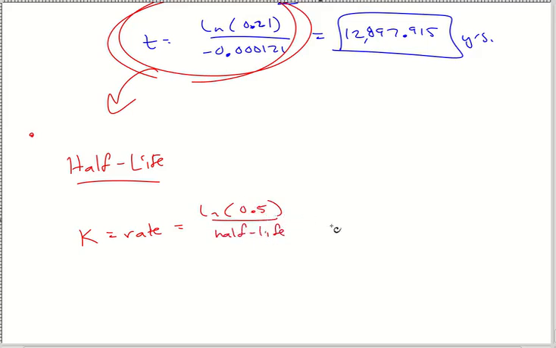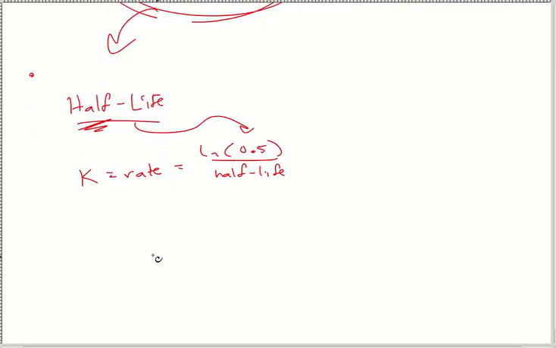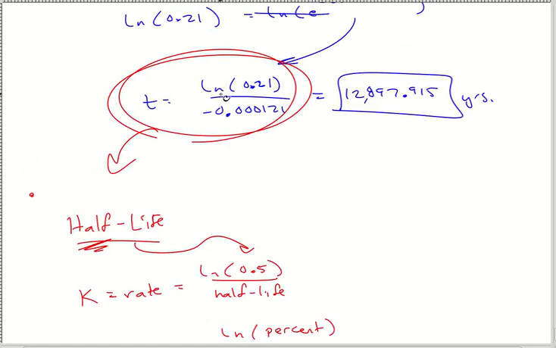So why 0.5? Is it always 0.5? Yeah. It's 0.5 because it's half-life, half. What is 0.5? It's half. Okay, cool. So that's your k, that's your rate. t, some kind of time that it takes to decay into something or other, kind of like what we just found a second ago, is ln of some kind of a percentage divided by the k that you had just found. Doesn't this look familiar? Look, ln of a percentage divided by the rate.